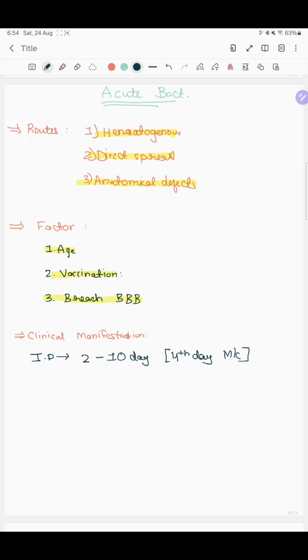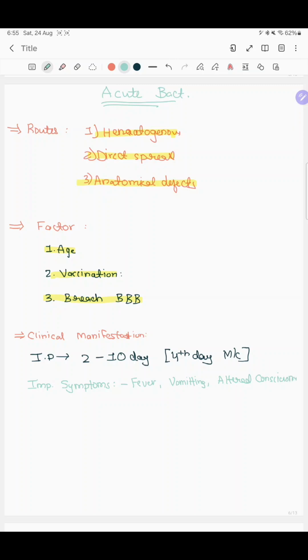The important symptoms are fever, vomiting, and altered consciousness.